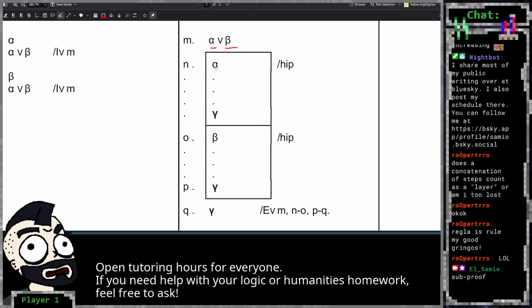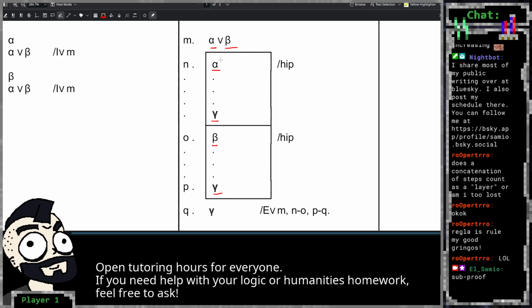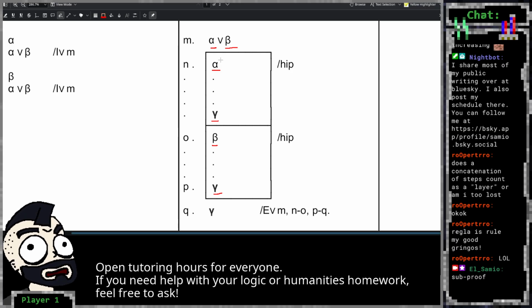But what I do know is that alpha leads me to gamma, and beta leads me to gamma. So no matter which one is the true one, both formulas guarantee a third one that is common to both branches. So that formula has to be true.